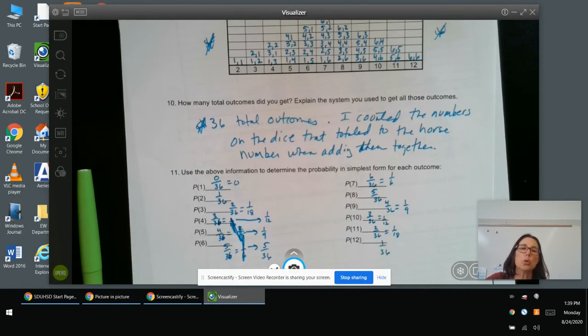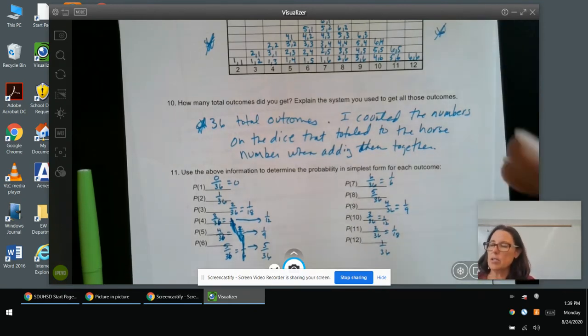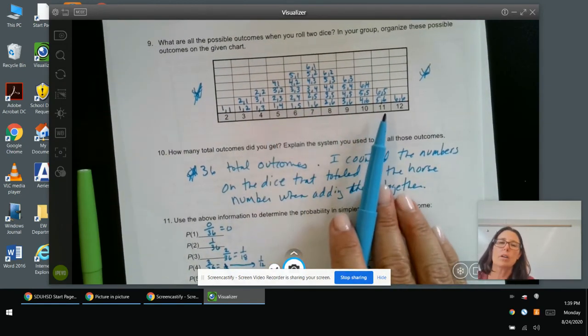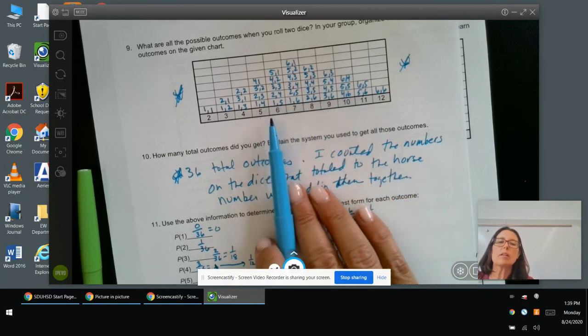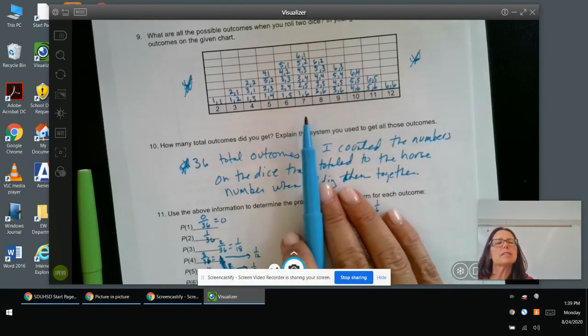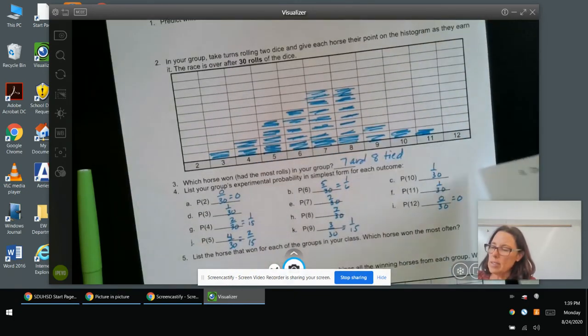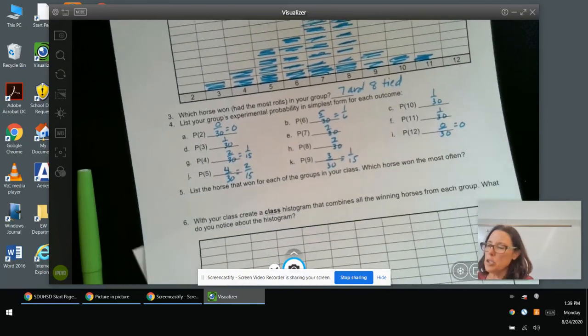Horse number 2 and horse number 12 have the least chance of winning. It's very important to understand what this means when you roll 2 dice and how to take some probabilities from it.